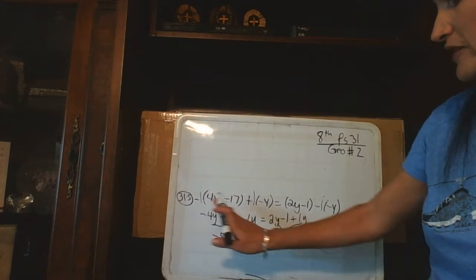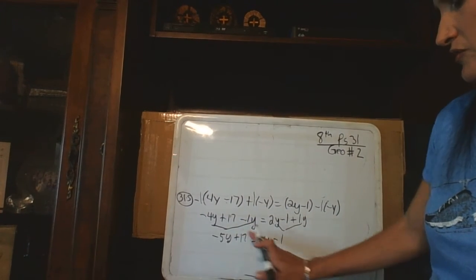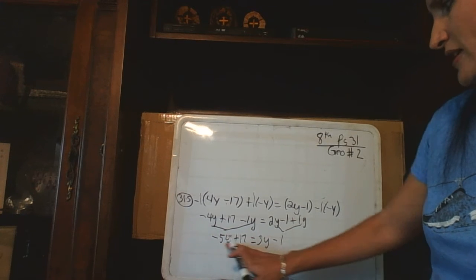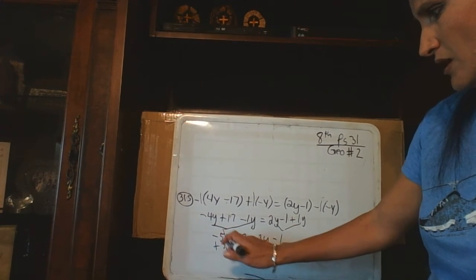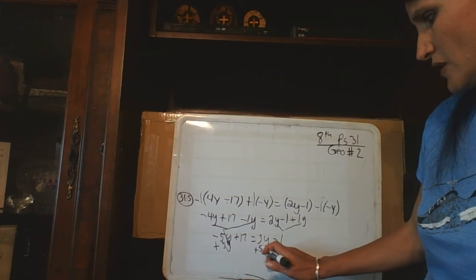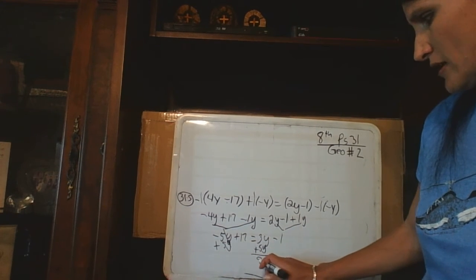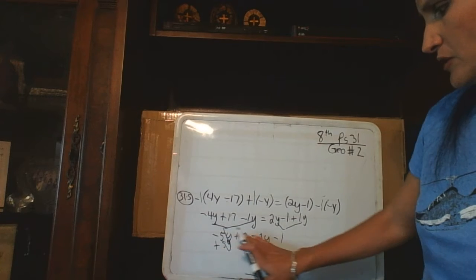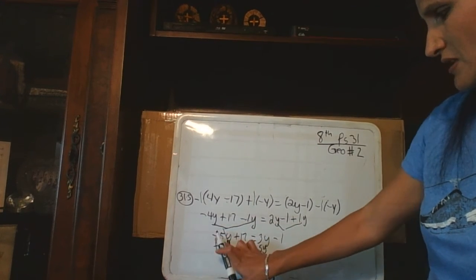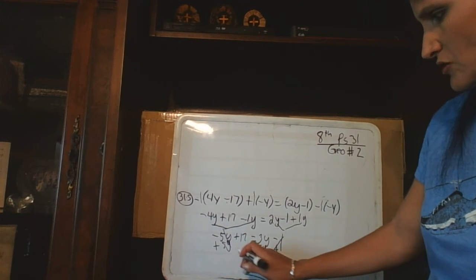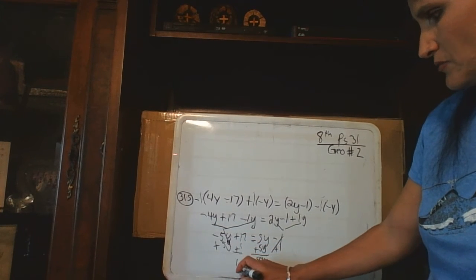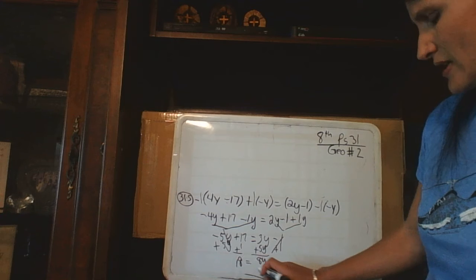I have now simplified each side of my equation, so I'm going to go ahead and move the variables to the right so I can keep a positive variable. So plus 5y makes 8y. Since I moved the variable to the right, I have to move the constant to the left. So I'm going to add 1, which is the inverse operation, and I end up with 18 equals 8y.